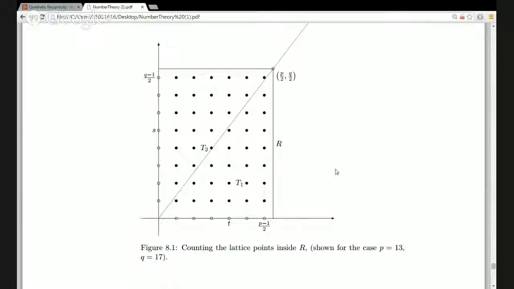So the number of black dots in the picture is the number of dots here plus the number of dots here. The number of dots here will turn out to be exactly this expression here.